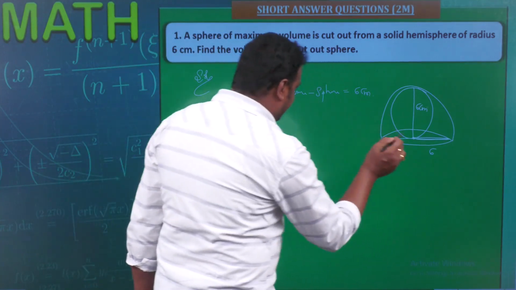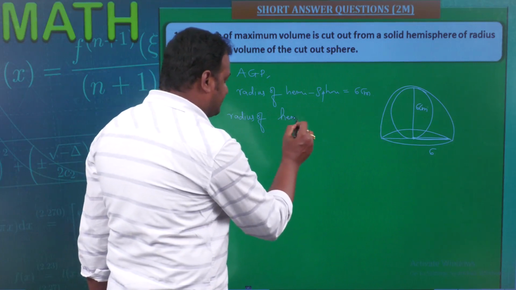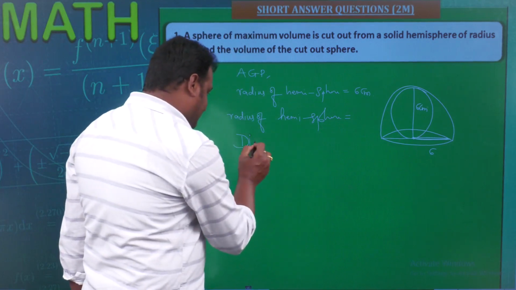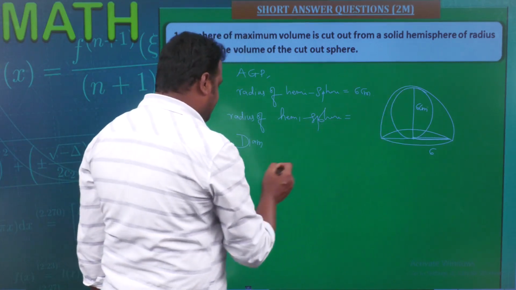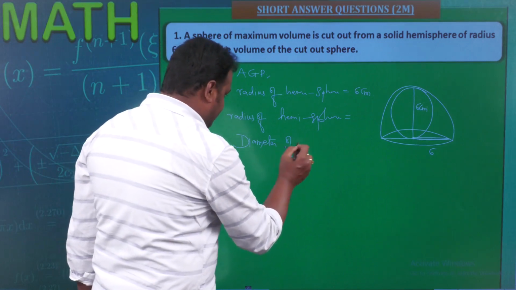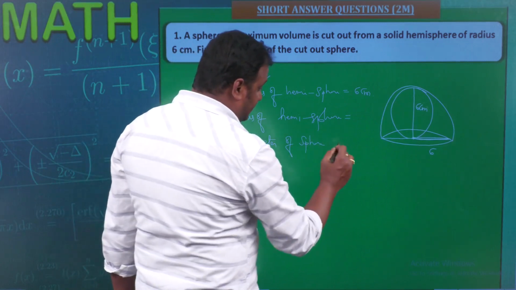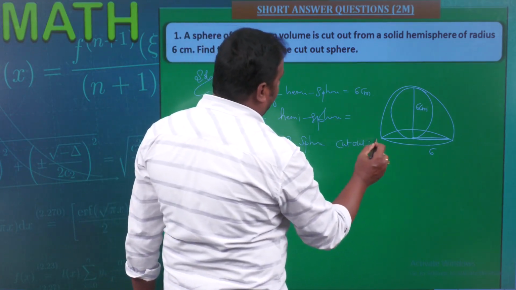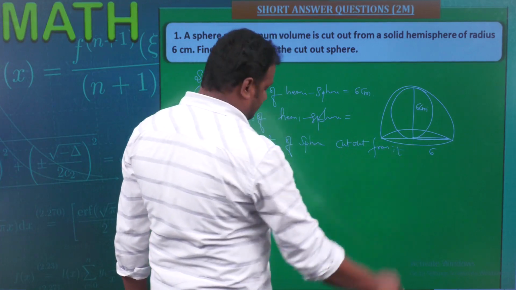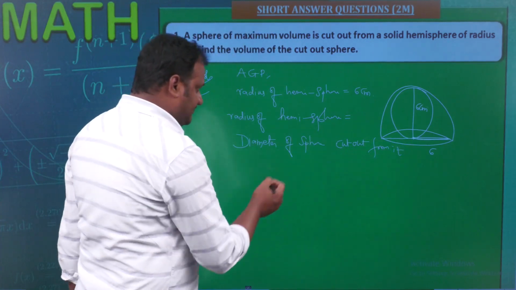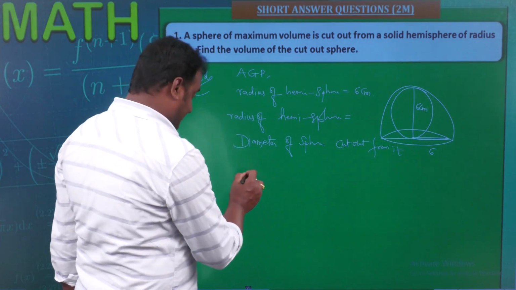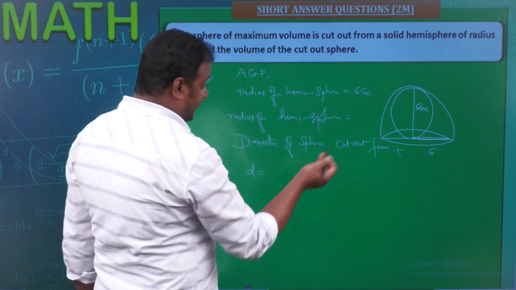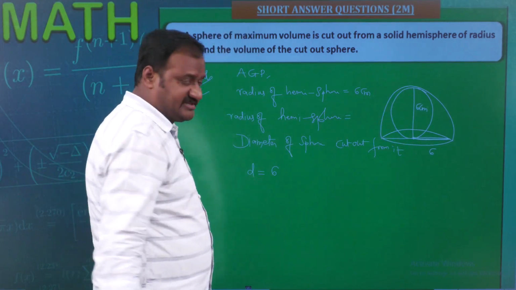Radius of hemisphere is going to be the diameter of the sphere cut out from it, because this is the diameter, right? So diameter of the sphere is equal to the radius of the hemisphere, that is going to be 6 centimeters.